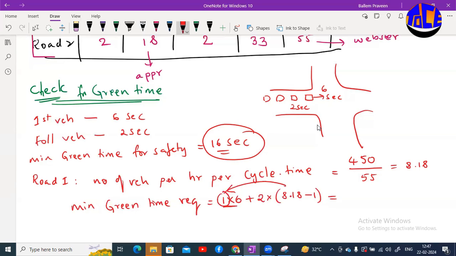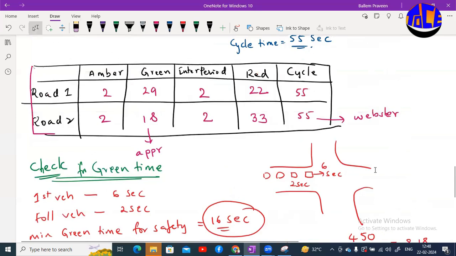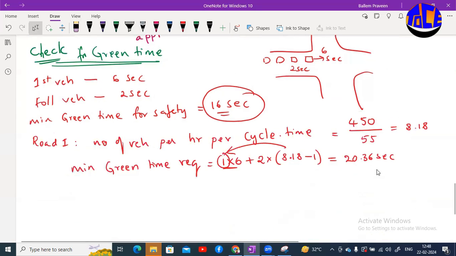So it will be 20.36 seconds. And what is the green time we have provided for road 1? It is 29 seconds, which is more than 20.36 seconds. Therefore it is okay. So the green time provided for road 1 is okay.